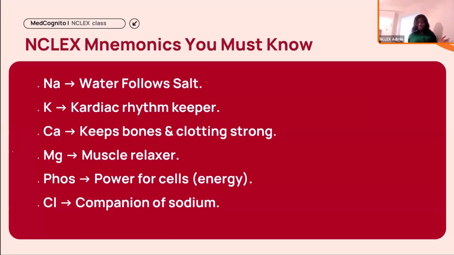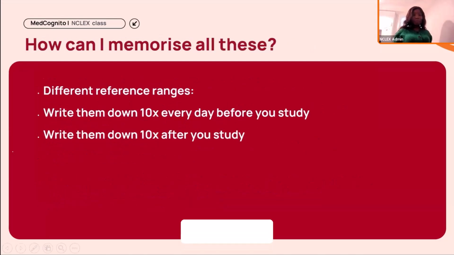Phosphate, energy. Phosphate is energy, so it gives power to the cells. So that's why you can deduce in that question that with hypophosphatemia, the client will come with weakness. And then chloride, remember we say that it goes with sodium. So anytime we are correcting hypochloremia, when we correct the sodium, the chloride too will pick up.